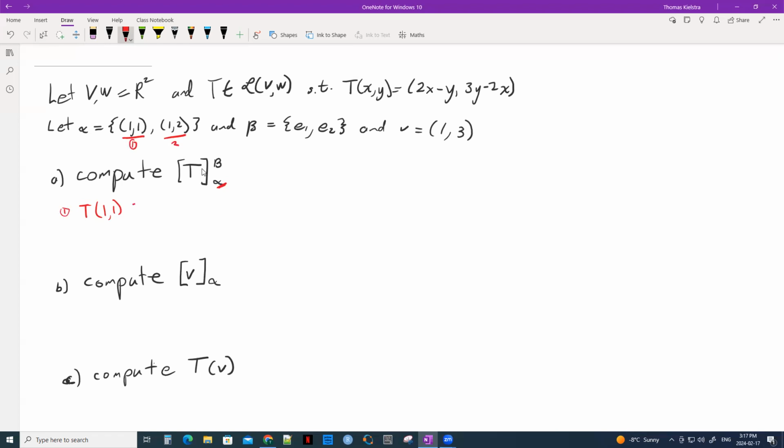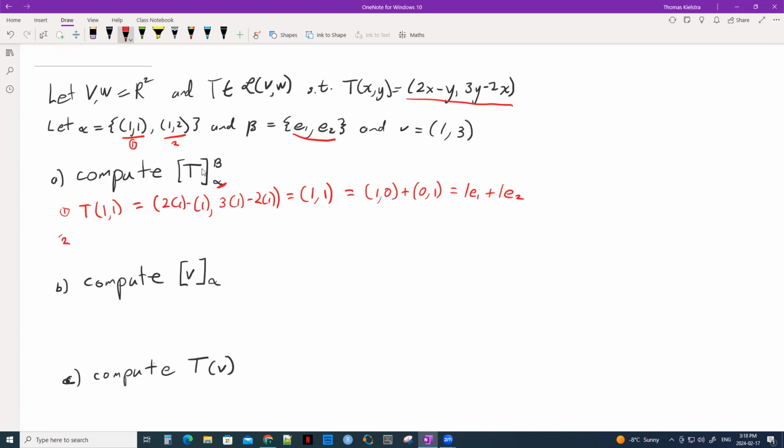We put (1, 1) into the formula: 2 times 1 minus 1, and 3 times 1 minus 2 times 1, which is equal to (1, 1). Now I need to represent (1, 1) using the standard basis. So this equals (1, 0) plus (0, 1), which equals 1e1 plus 1e2.